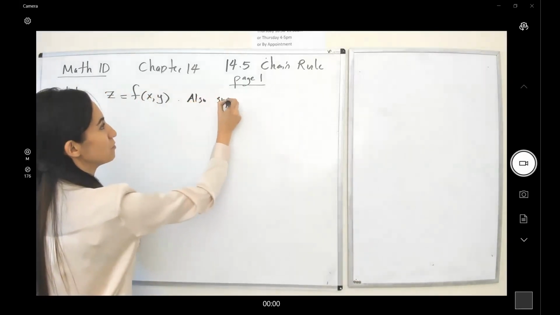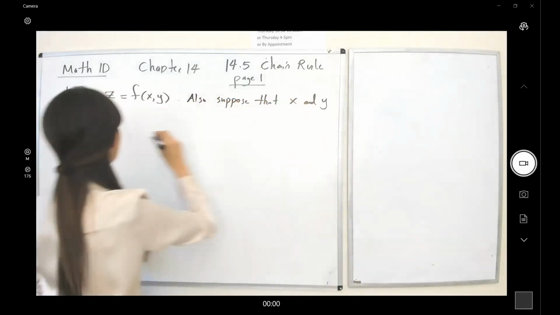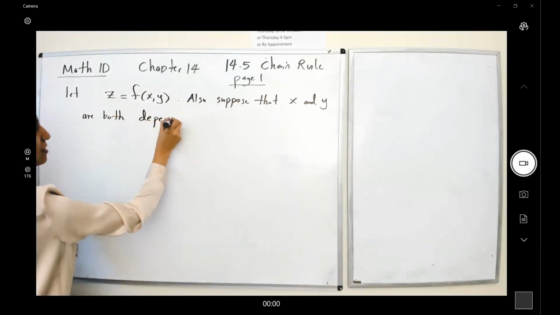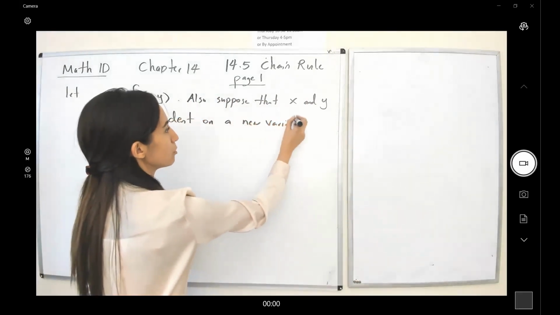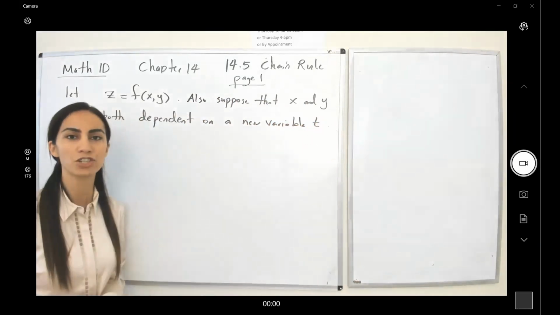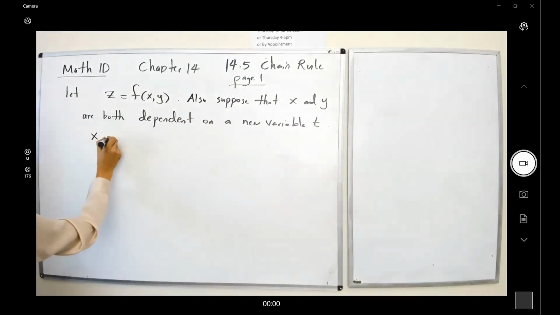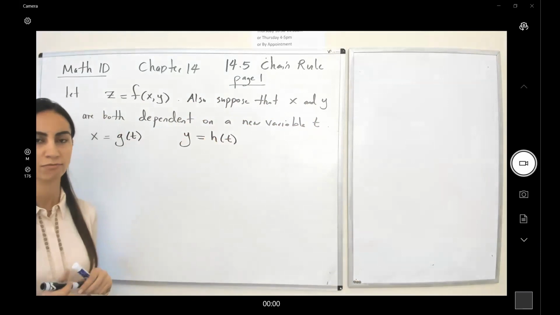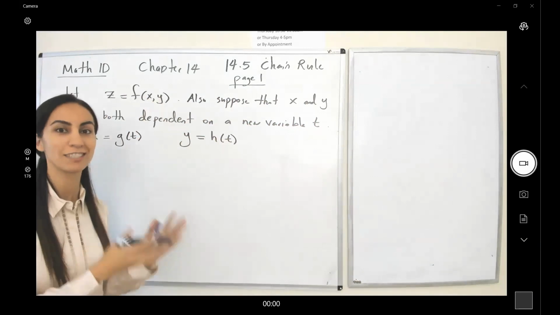Suppose that x and y are both dependent on a new variable like time, temperature, or any variable like t. So suppose x is equal to g(t) and y is equal to h(t). So z is actually a function of t.